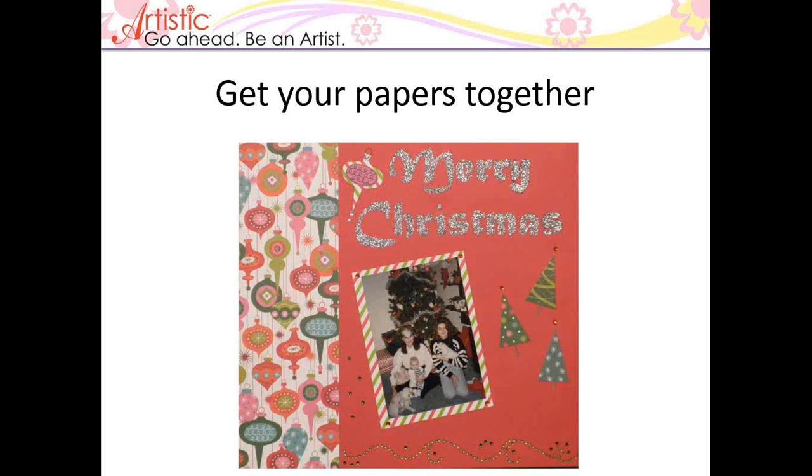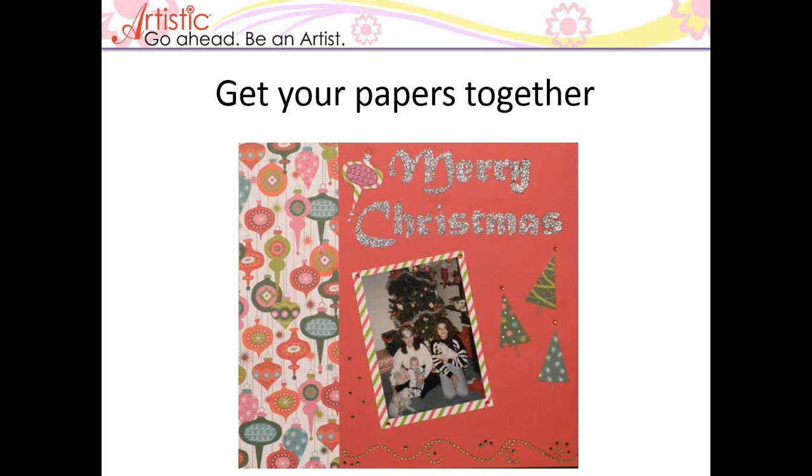I also chose one that had Christmas trees on it, and then I could cut those Christmas trees out and glue them on. And I also wanted one in stripes. So the stripes is what is framing my photograph, and it's also what I used for the ornament that I duplicated.